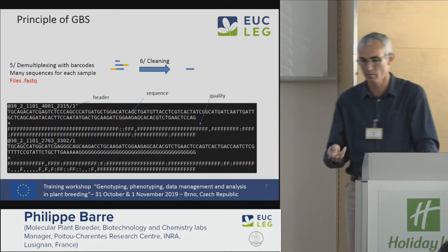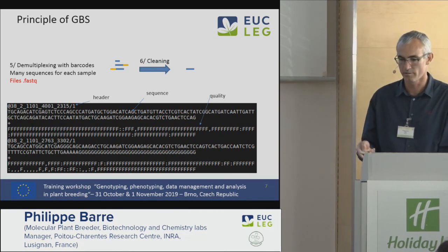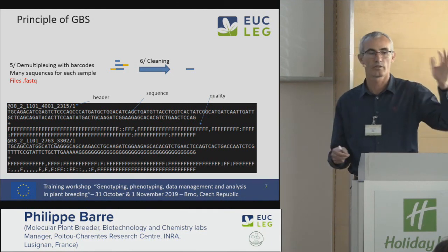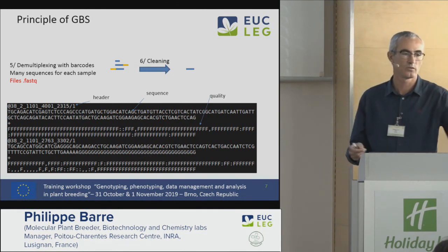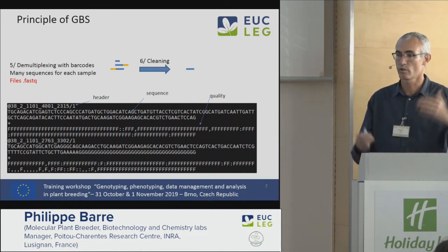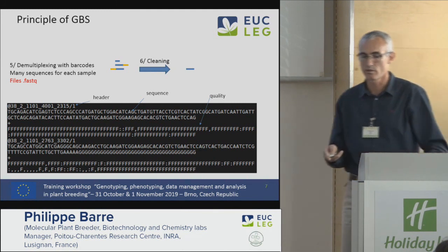But again, it's quite a large file. So this is demultiplexing. Now, for example, if you treat 200 samples at a time, you have 200 files to analyze.